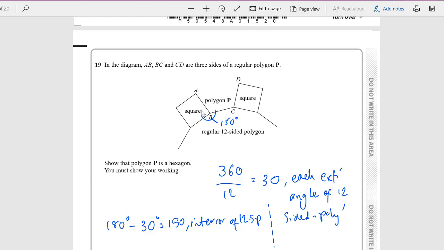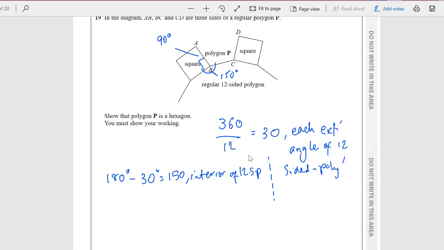I know because this is a square, this is 90, the right angle, and I know that that x is going to be 360 minus 90 minus 150, the x.